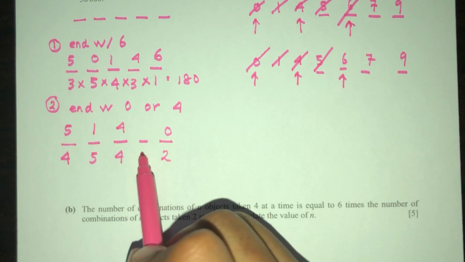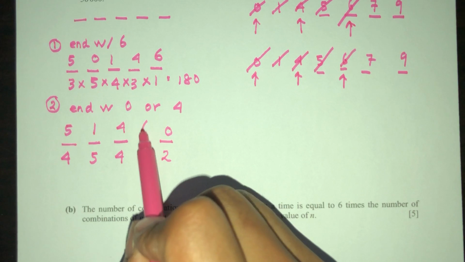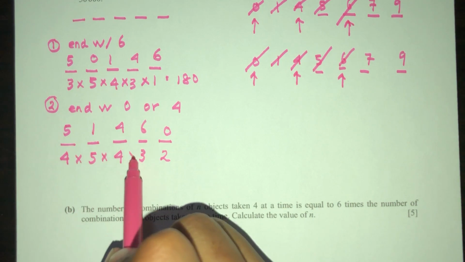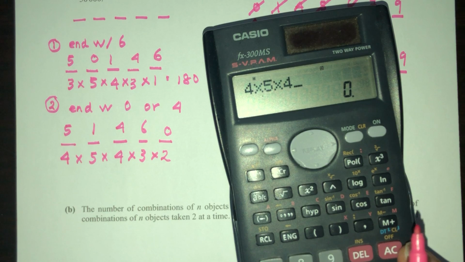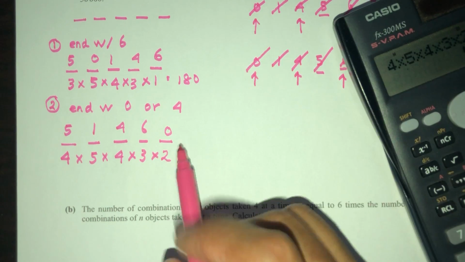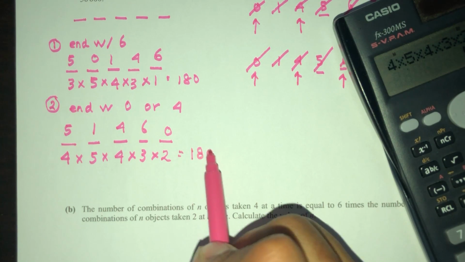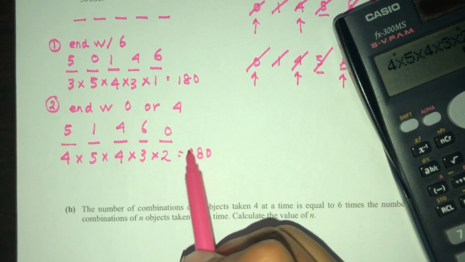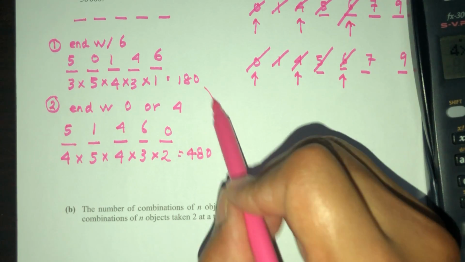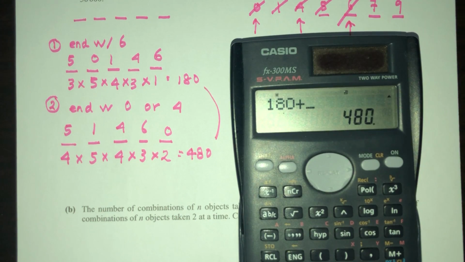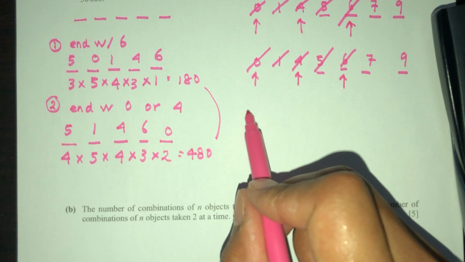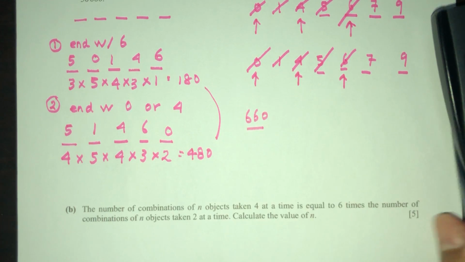This one remaining 3 options. Let's say we choose 6. Okay? So that will be the other case scenario. So that will be 4 times 5 times 4, 3 times 2. That will be 480 as your answer. So together, finally, 180 plus 480, that should be 660 as your answer for this question.